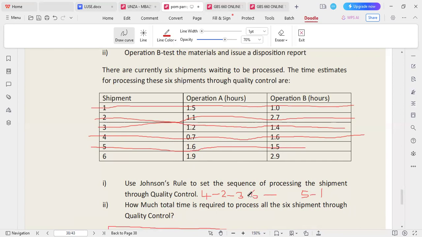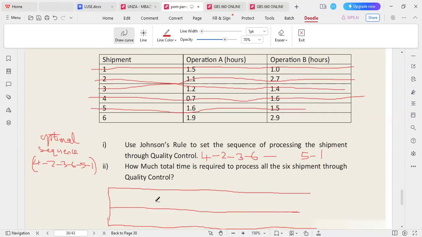So this is the optimal sequencing. The optimal sequencing is given by 4 to 2 to 3 to 6 to 5 to 1.